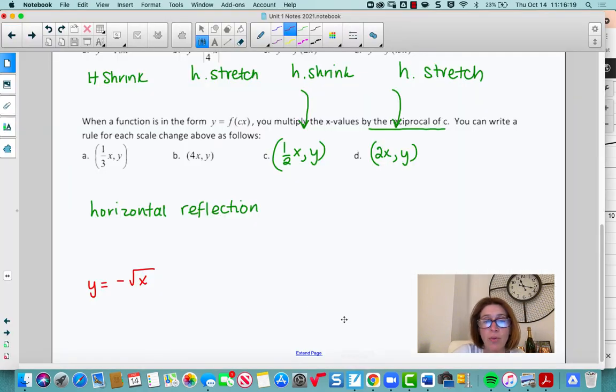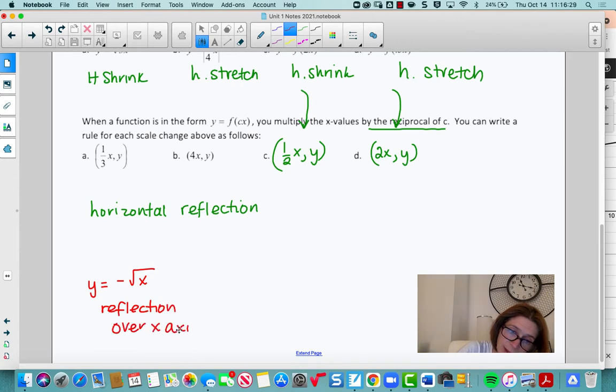Okay, so when we have this, this is going to be a reflection over the x-axis. When we have it like this, it's going to be a reflection over the y-axis.